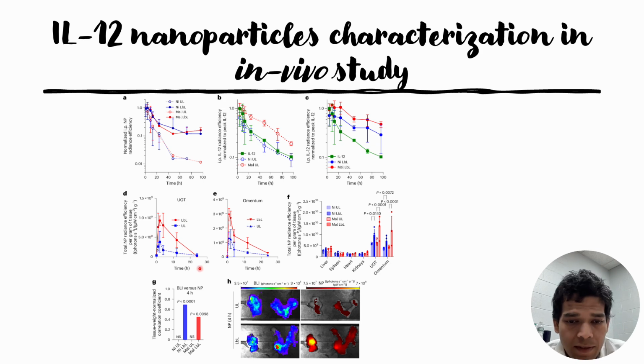However, the final results after a few hours seem to be the same for both. They checked multiple organ sites, and the significant changes they observed are for the UGT and omentum, and the results for the other organ sites are shown in panel F, where the results are non-significant except for the UGT and omentum.